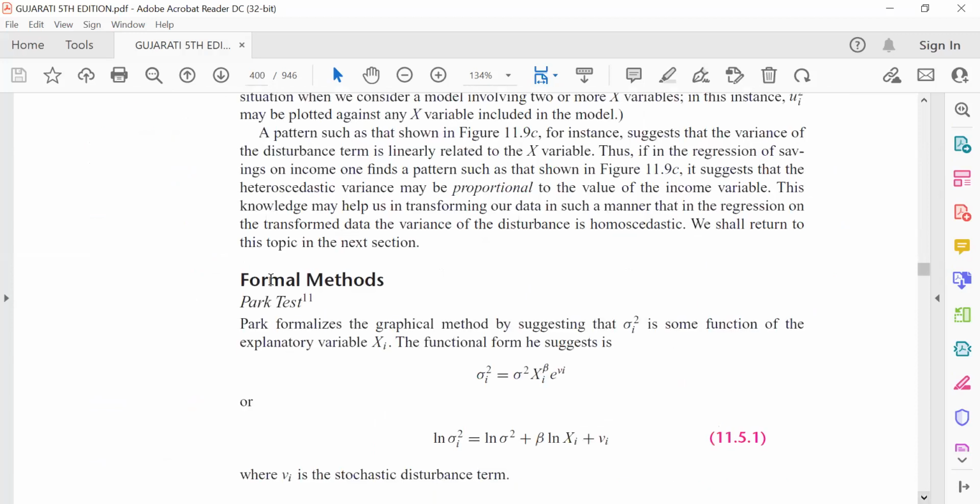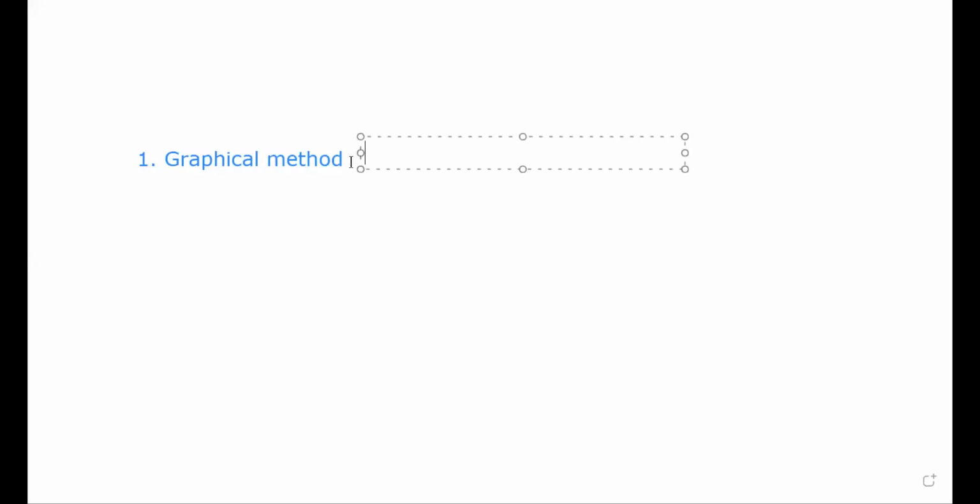Then we have formal methods. The graphical method is the informal method.